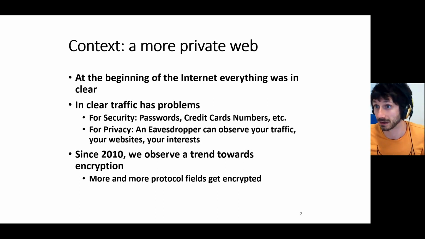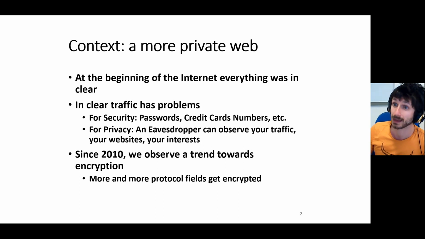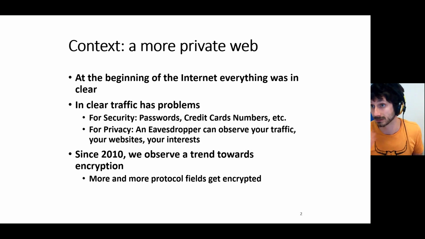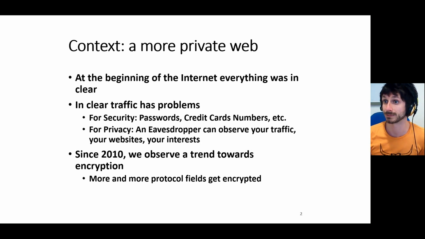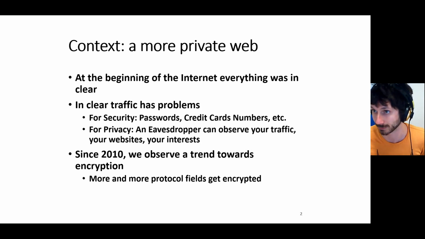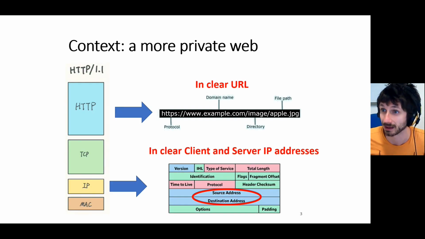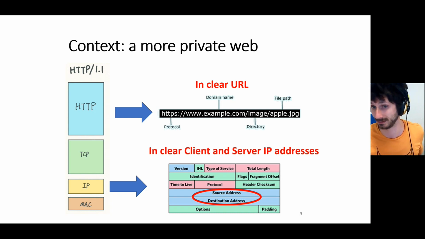Thus, for 15 years, we have observed a trend towards encryption, and more new protocols are encrypted or encrypt some fields to avoid interception by the network. Let's see a bit of history. When we had HTTP 1, everything was in clear, so the URL in clear, and clearly also the IP header with server and client IP addresses in clear because it's used by routers to route packets.